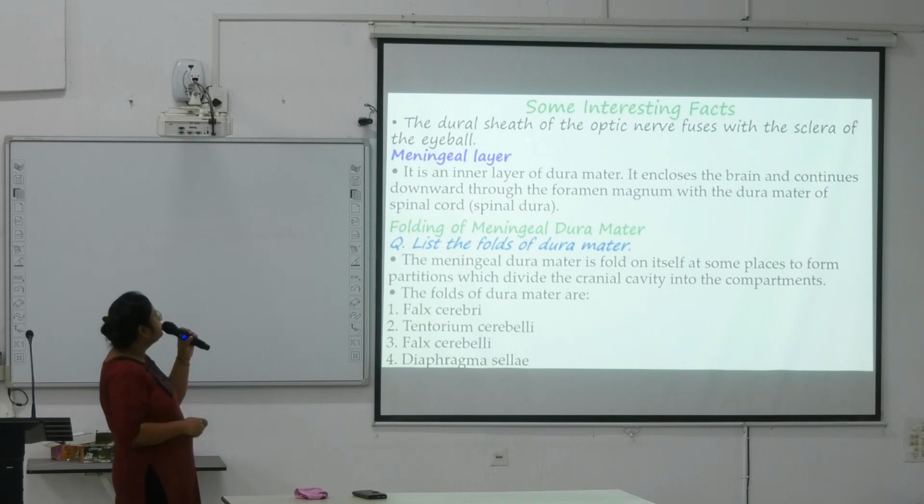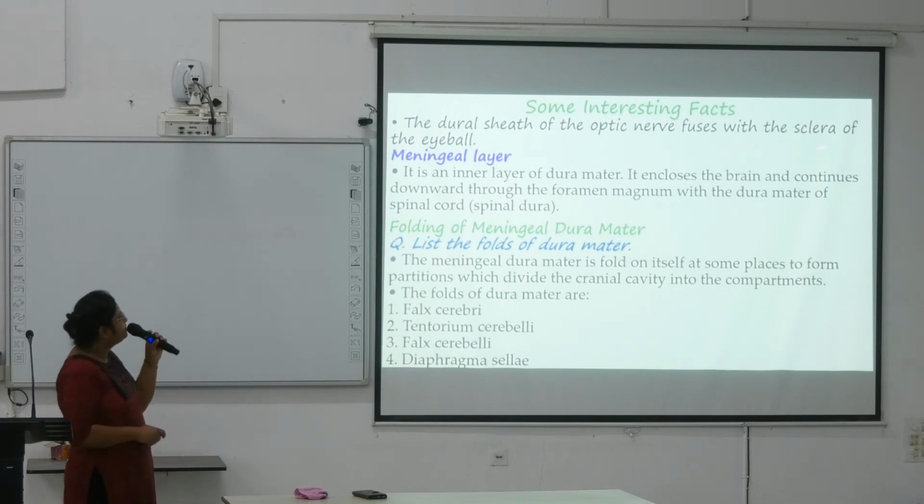The dural sheath of the optic nerve fuses with the sclera of the eyeball. The other layer is the meningeal layer, the inner layer of the dura mater. It encloses the brain and continues downward through the foramen magnum with the dura mater of the spinal cord, the spinal dura. Spinal dura has only one layer, this meningeal layer.